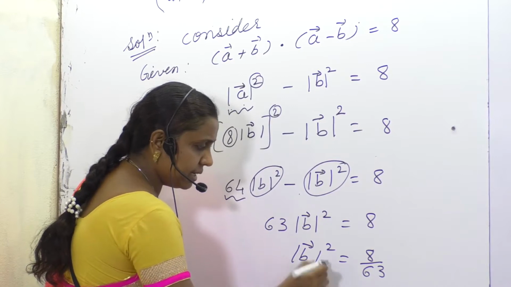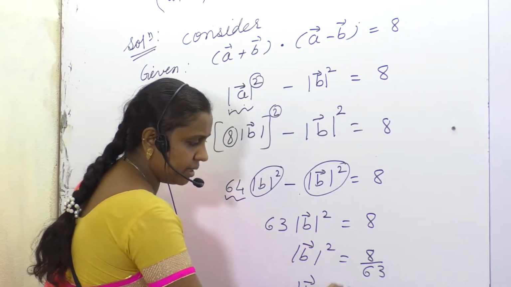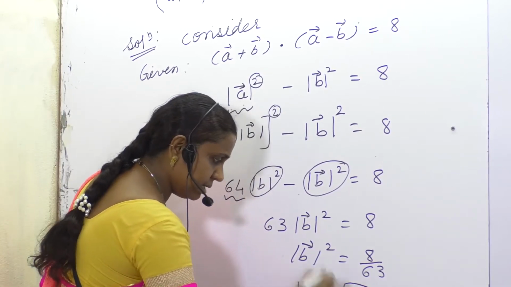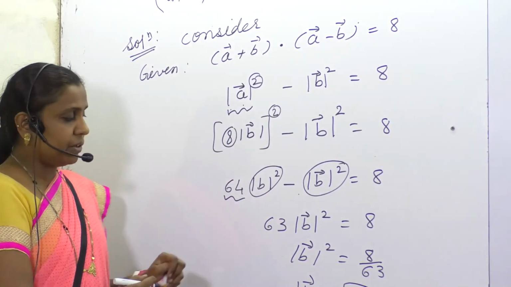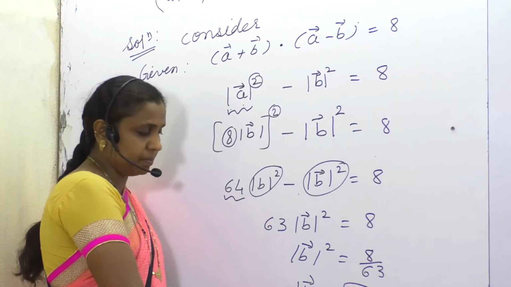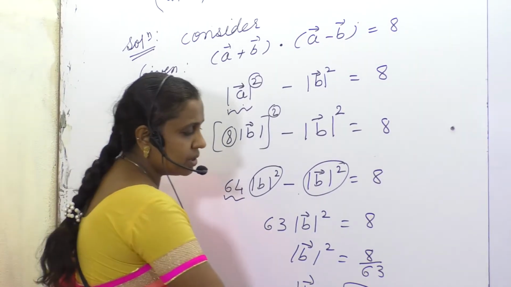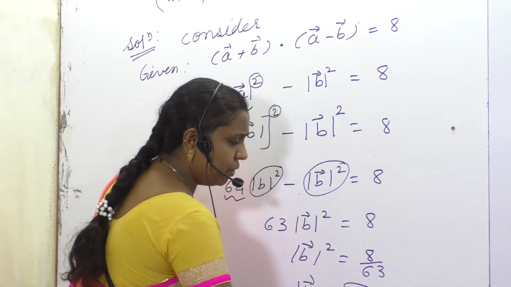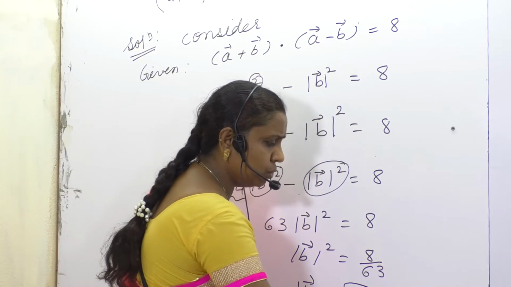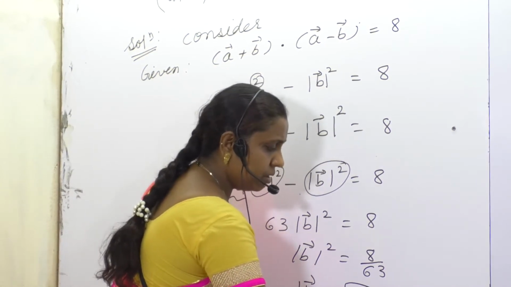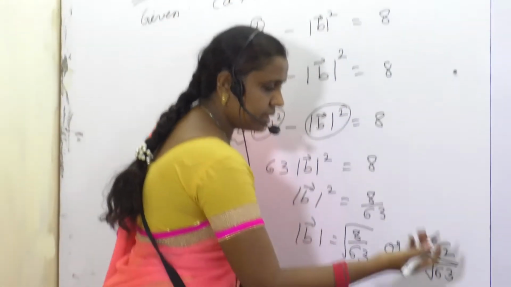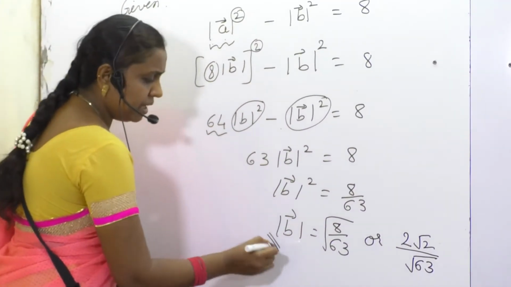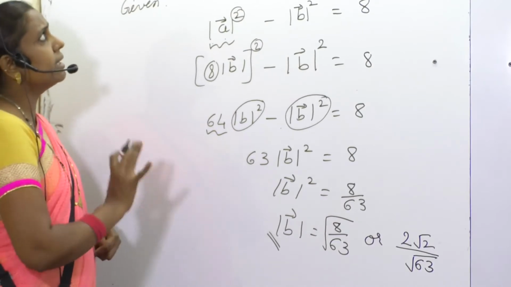Here it is with the square and the result is 8 by 63. If I put like this, it will be magnitude B, modulus B, length B. So this is our answer. If you separate, you will find root 8 as 2 root 2 divided by root 63. This is also true. So the length of vector B is obtained.